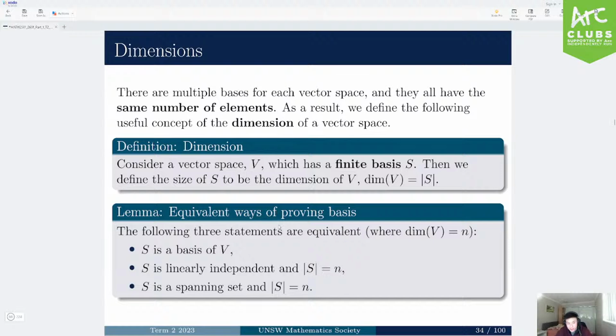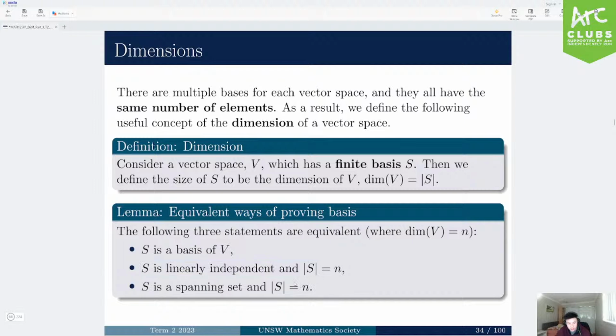Now a lemma. The following three statements are equivalent. Every time you have this sort of wording that statements are equivalent, it means that to prove that S is a basis of V, we can prove any one of these statements, and that would prove the other two as well.